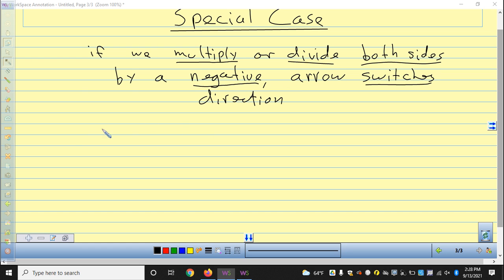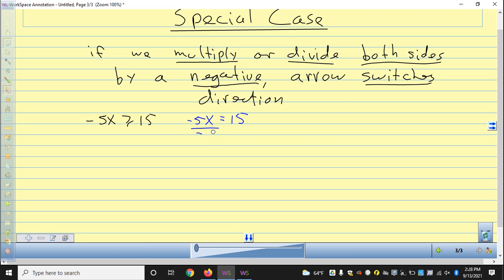I'm going to write a couple of these examples so you can write those in your flip book, under your little flap also. Negative 5x is greater than or equal to 15. Well, if this were an equation, negative 5x equals 15, how would we solve this equation? We're going to divide by negative 5, and we're going to divide both sides.